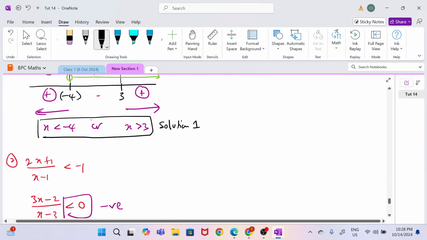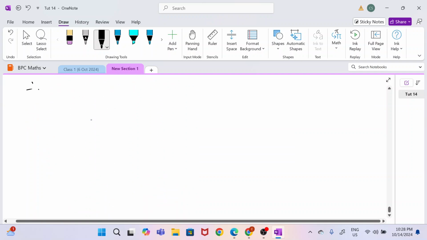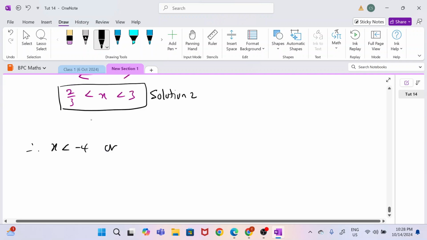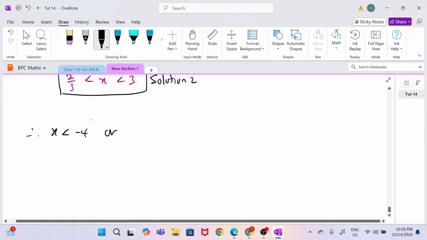Solution 1 is x less than negative 4 or x greater than 3, and then write the second solution. Just list down both solutions. This is the final answer.